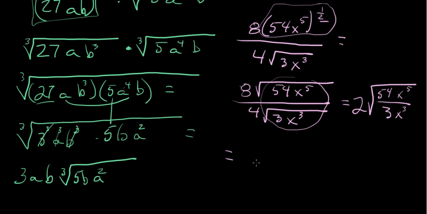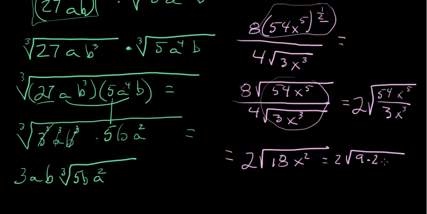And so what I end up with then is 2 times the square root of 54 over 3 is 18. X to the 5th over x to the 3rd is x squared. Okay? And so that makes things real easy. I got 2 times the square root of 9, which is 3 squared, times x squared.